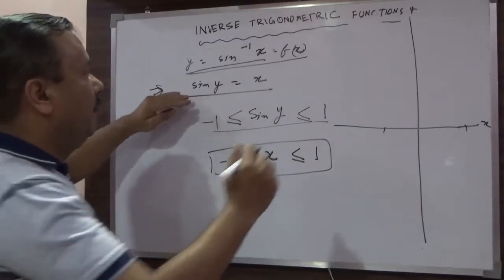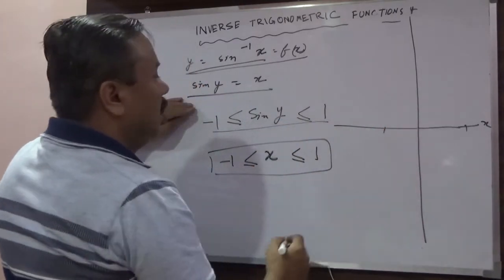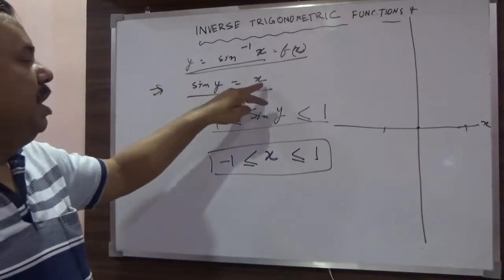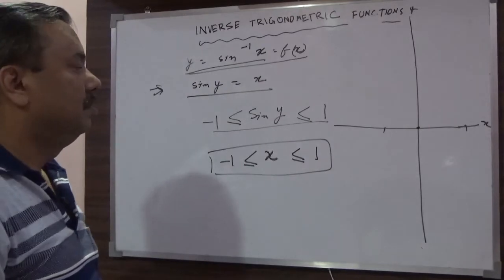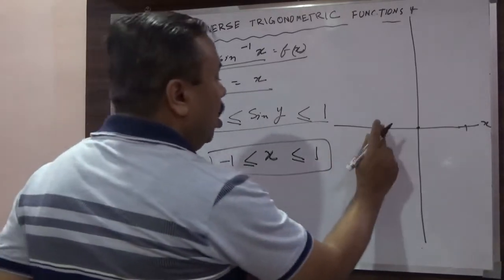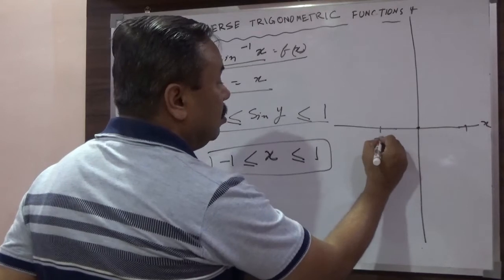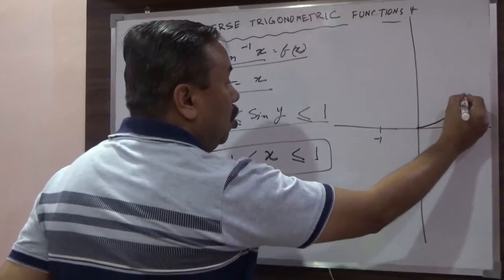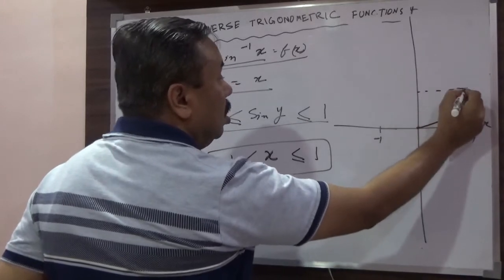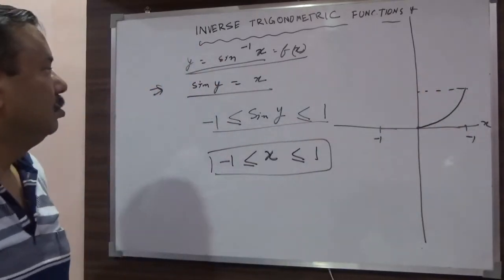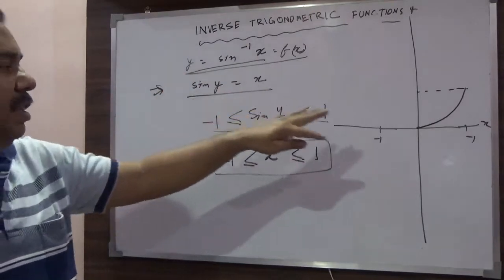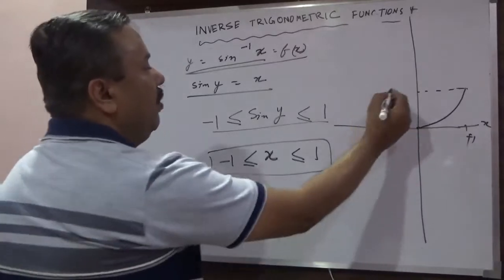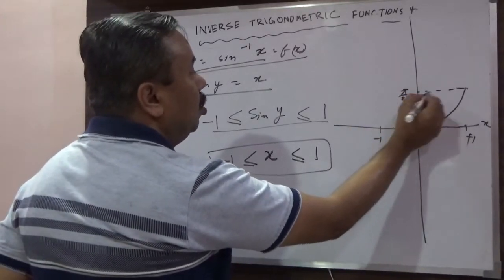Then you can identify the graph. From there, when x is 0, what is the value of y? It will be 0. As you keep on moving, the value of y will be ranging up to, if x is +1, then the value of y will be pi by 2.